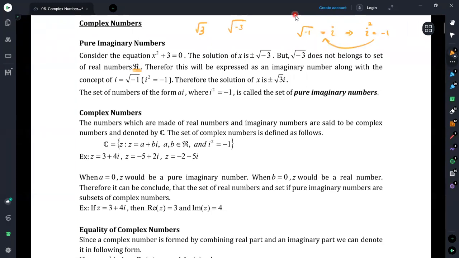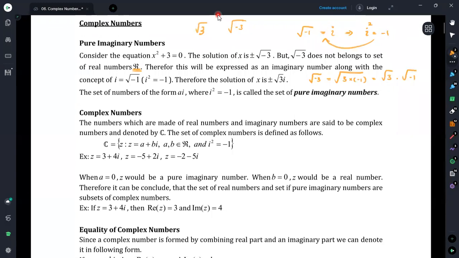Applying this concept to find the root of this value: we need the value of the square root of minus 3. This can be written as the square root of 3 times minus 1, which is the square root of 3 times the square root of minus 1.